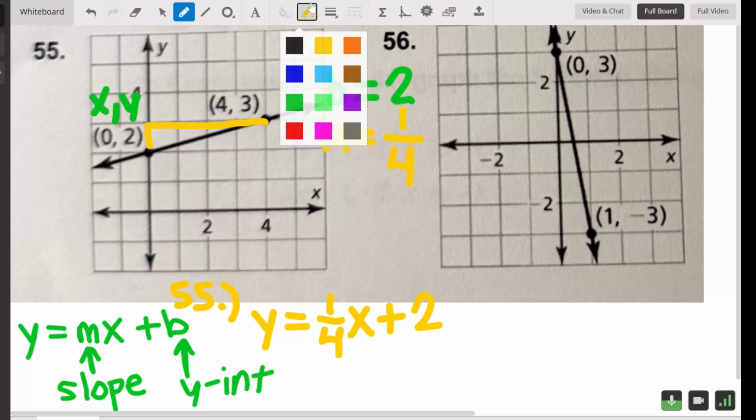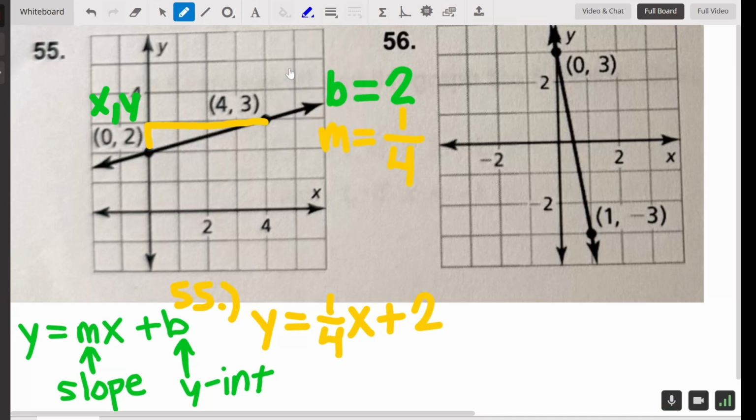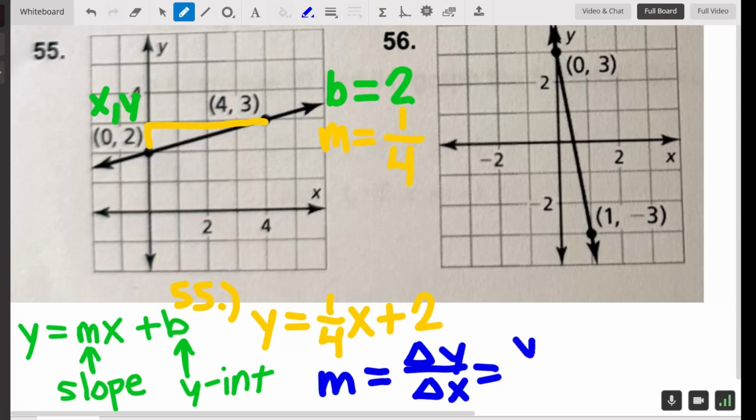What is another way that I can determine the slope? Well, I can determine in this fashion. My change in y over change in x. Remember, that's what the calculation is, or the equation is. Well, how would I figure out my change in y? Well, I could figure out the change in y between 2 coordinates. We'll call it y2 and y1.